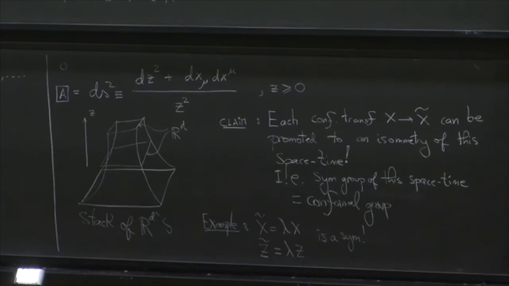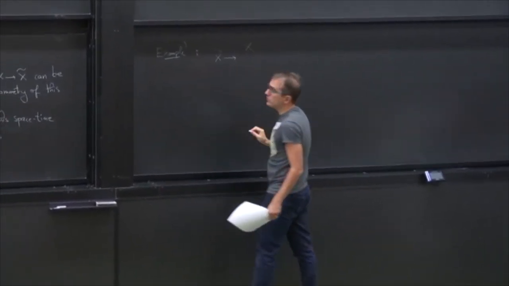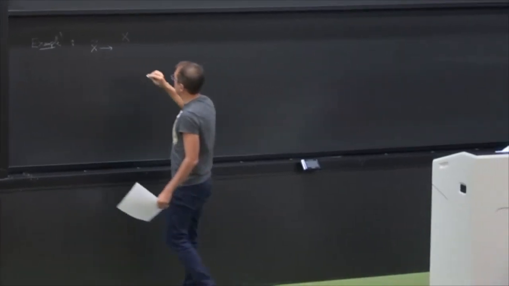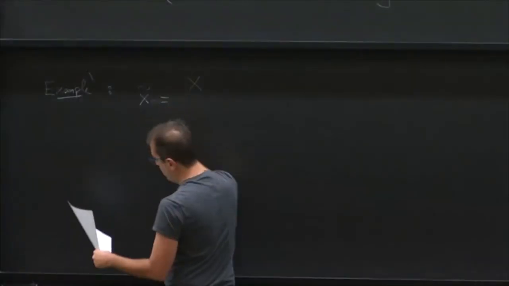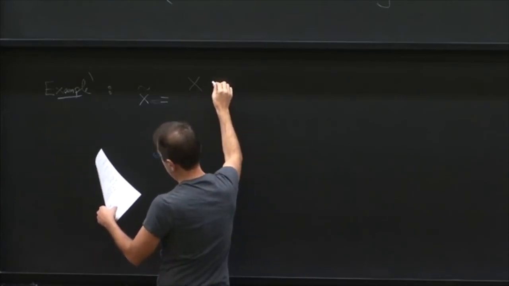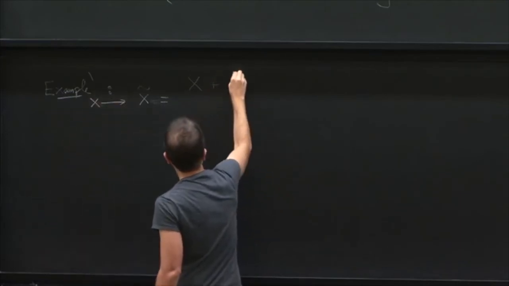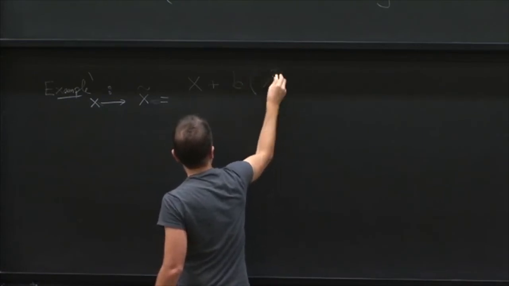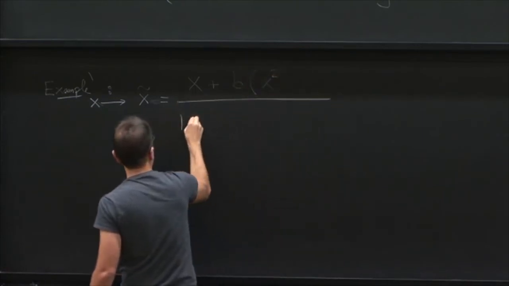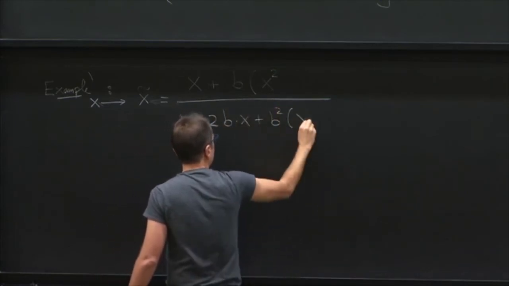Example prime: let's write the conformal transformation that we like very much. x goes to x tilde, which is equal to x plus b x squared divided by 1 plus 2 b dot x plus b squared x squared.